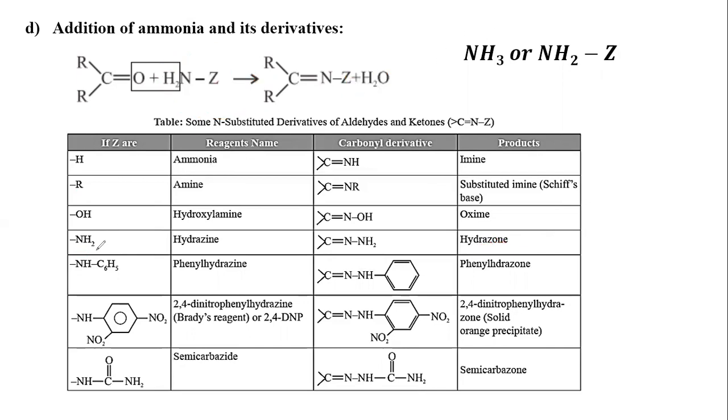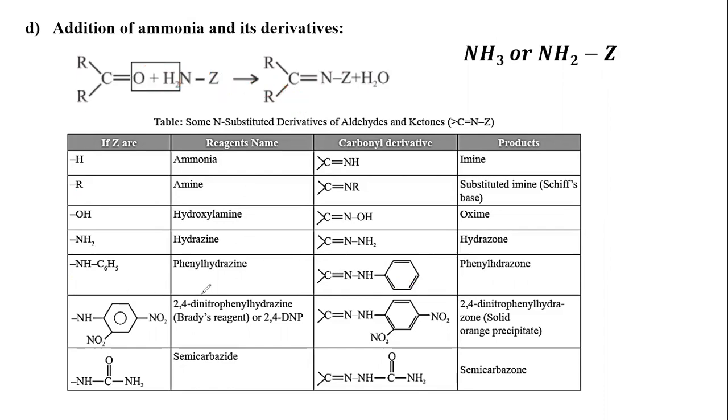Similarly, if we replace the hydrogen of hydrazine, NH2 single bond NH2, by a phenyl group, it will give phenylhydrazine. So simply we have to remove the water molecule and the product will be formed as phenylhydrazone.